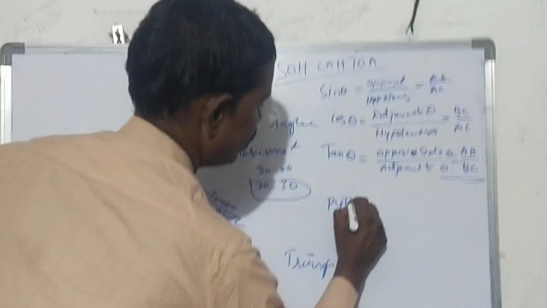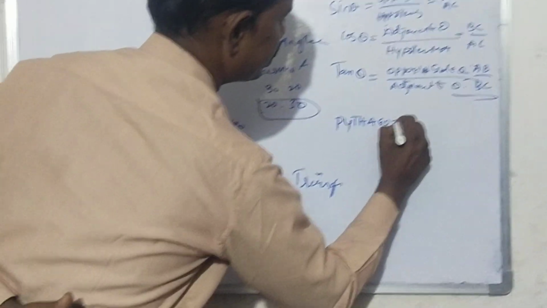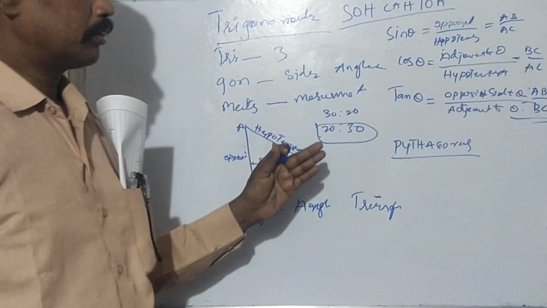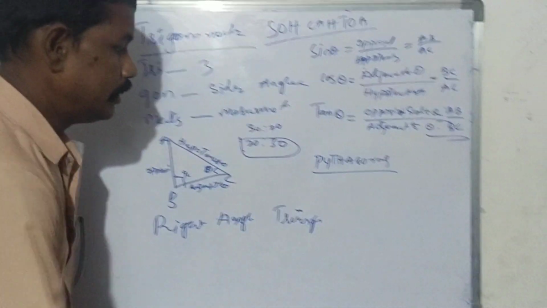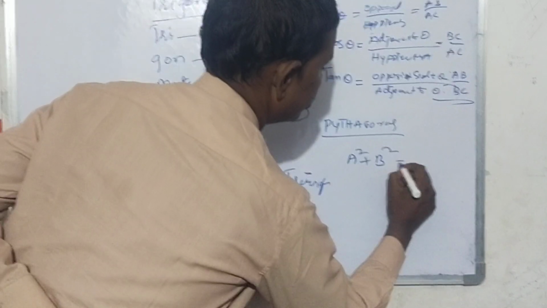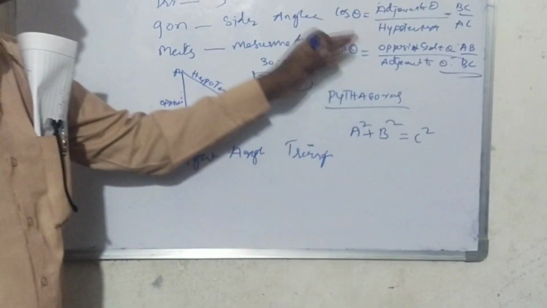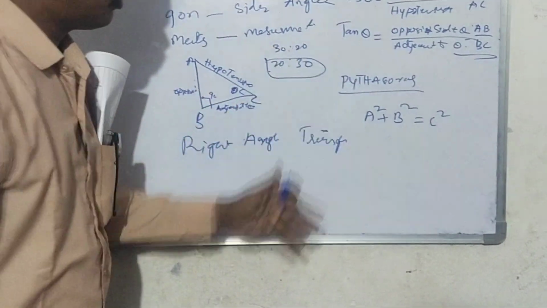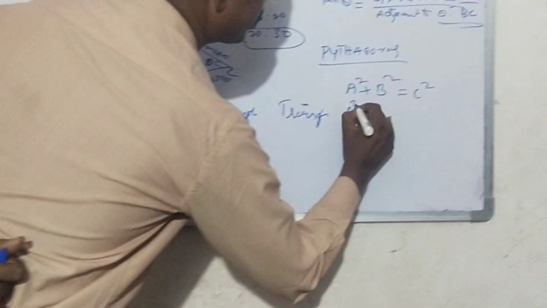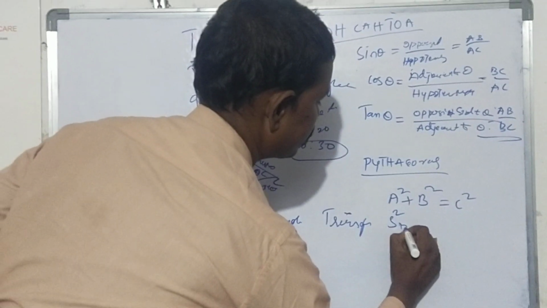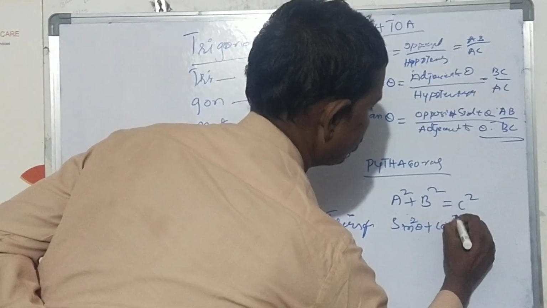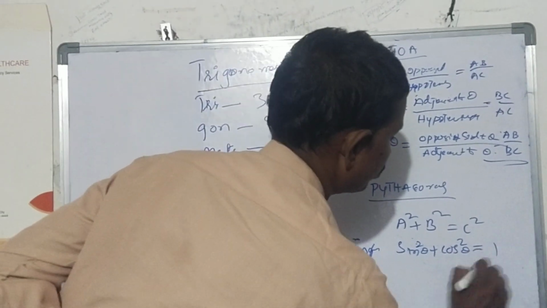We know about Pythagoras and his principle: a square plus b square is equal to c square. In the same way, we derive that sin square theta plus cos square theta is equal to 1.